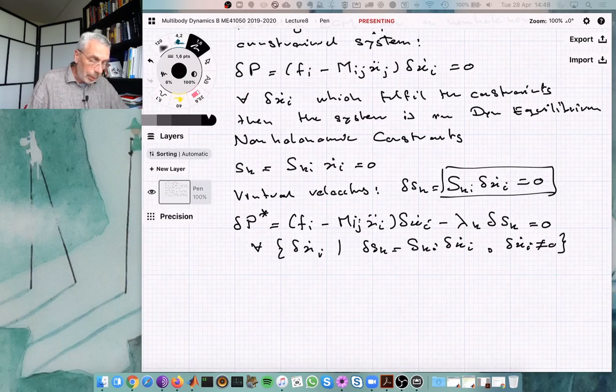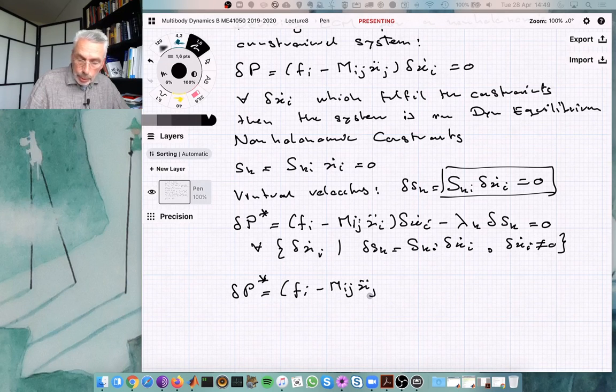Putting that into the equation, we can express everything in terms of the virtual velocities of the center of mass. So we get delta P star, and then we can put everything under the bracket, M_ij x double dot_j minus this lambda_k, oh, I was a bit too quick, S_ki, and delta x dot_i is 0.